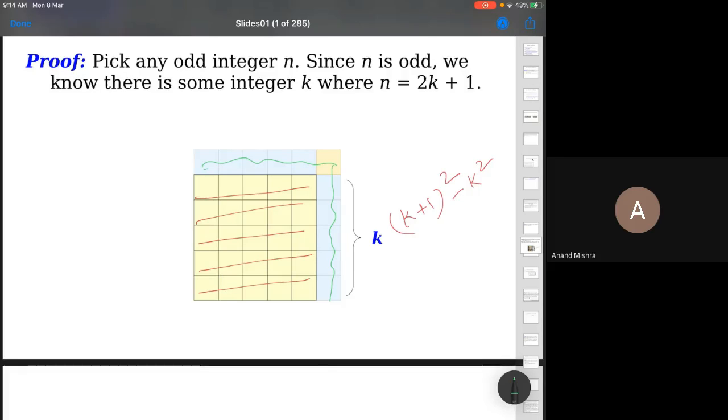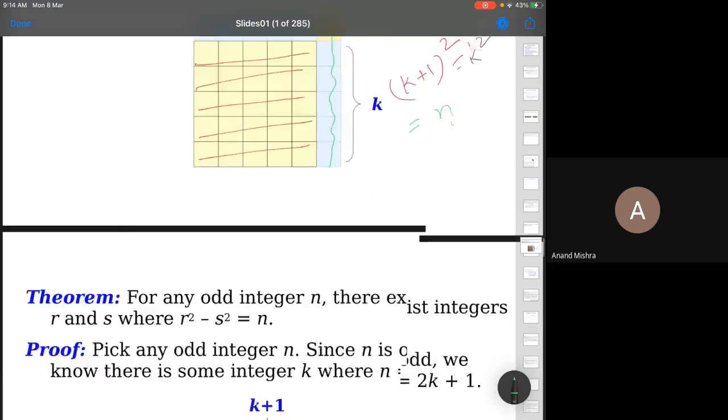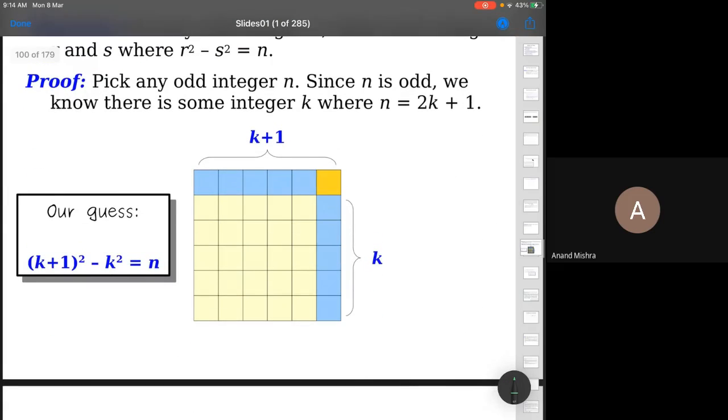Those guys are actually n, because that's what we assumed. So if you remove k square from k plus 1 square, you remain with some integer n. So that's one way to visualize things. So k plus 1 square minus k square equal to n.